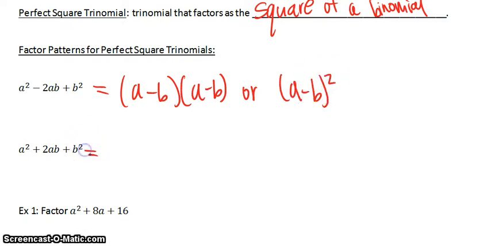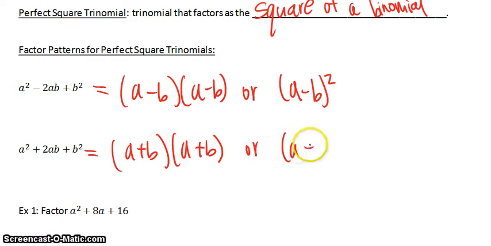Whereas this one is a little bit different. It's (a + b) times (a + b), or (a + b) squared. So this is how you factor perfect square trinomials. Again, this is an easier way to look at it. Could you use the other method that we used before? Yes, but you'll end up getting the same thing on either side.